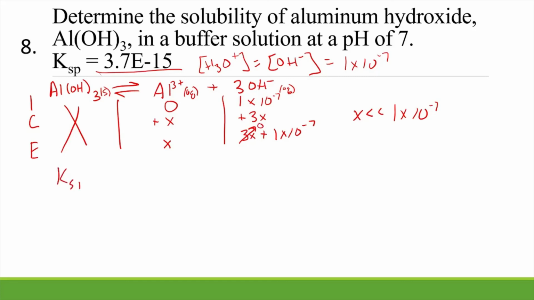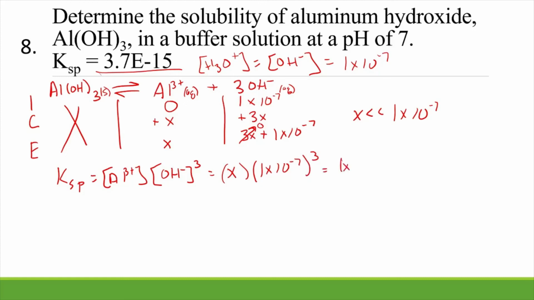So now our Ksp is equal to the concentration of Al3+ times OH- cubed. So that's X times 1 times 10 to the negative 7th cubed, which is X times 1 times 10 to the negative 21st power.